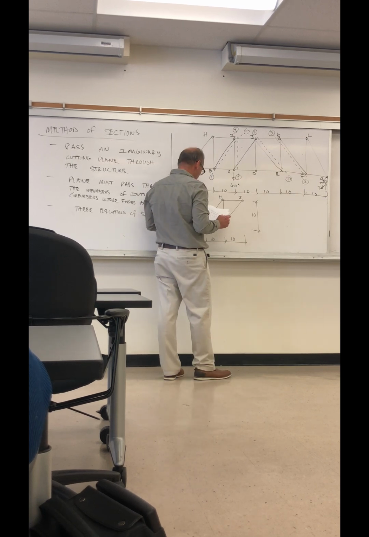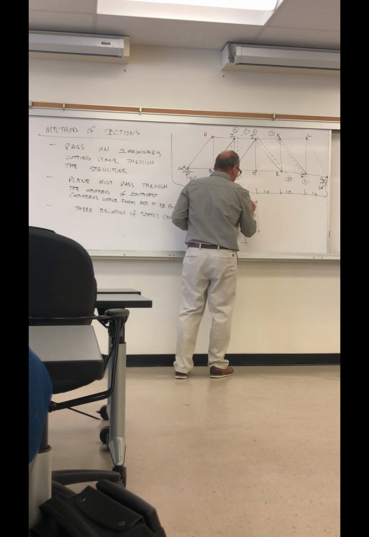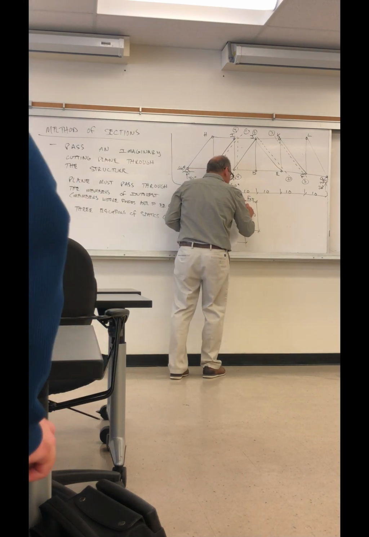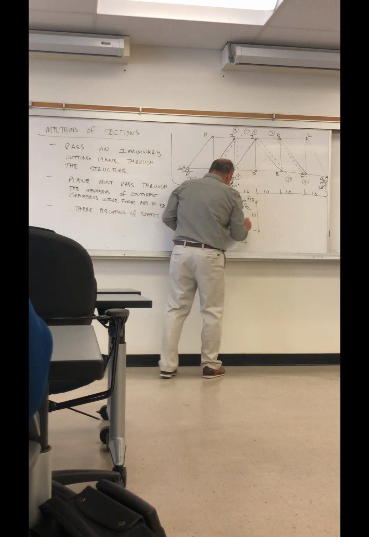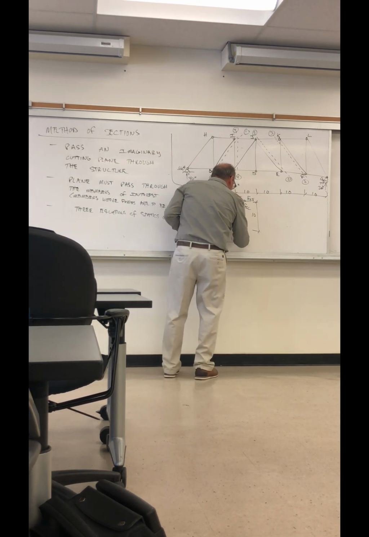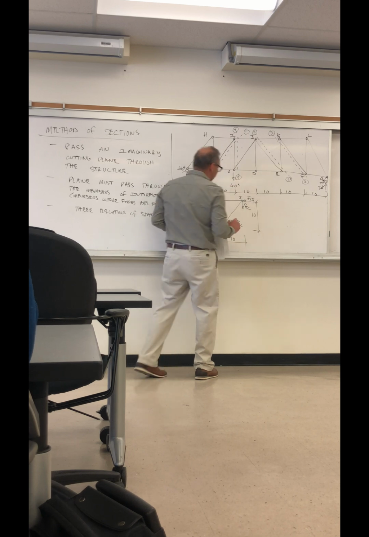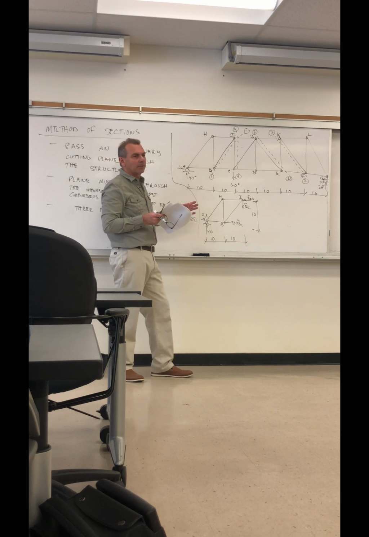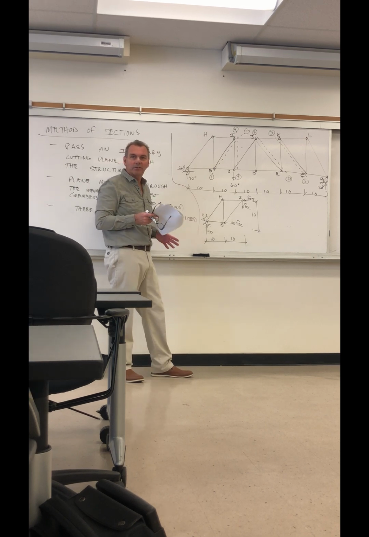Okay, and then I have F of IJ, F of IC, and F of BC. So we've cut through the three members. We've cut right through the structure, right?